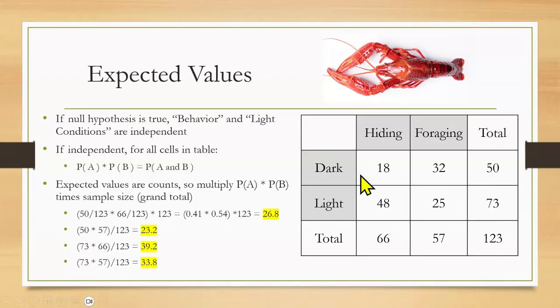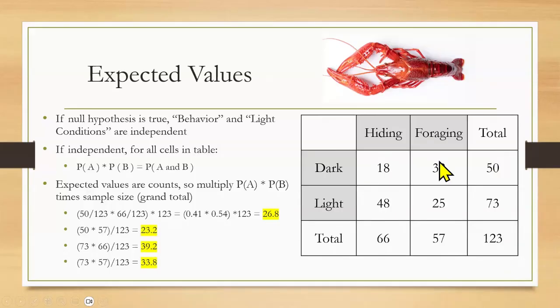We're going to take the total for the row of that cell, multiply it times the total of the column of that cell, and divide by the total. So we have a little visual pattern. To find the expected value in any cell, you take the row total times the column total and divide by the total.